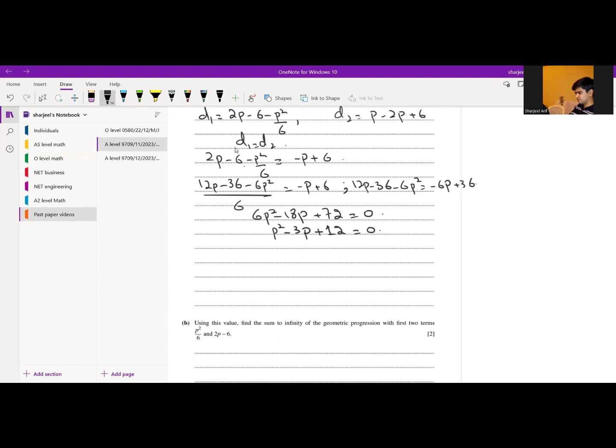or you can apply the quadratic formula in it. So you will get p equals minus b plus minus square root of b square minus 4ac, divided by 2a.